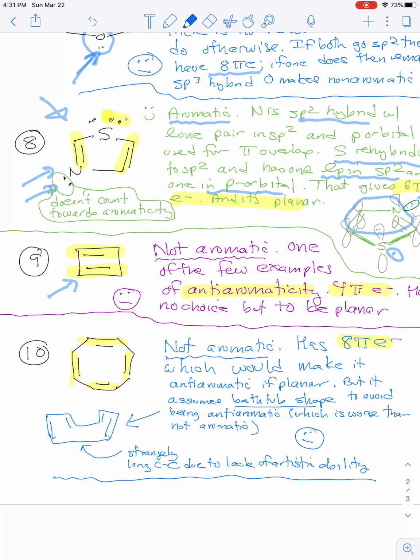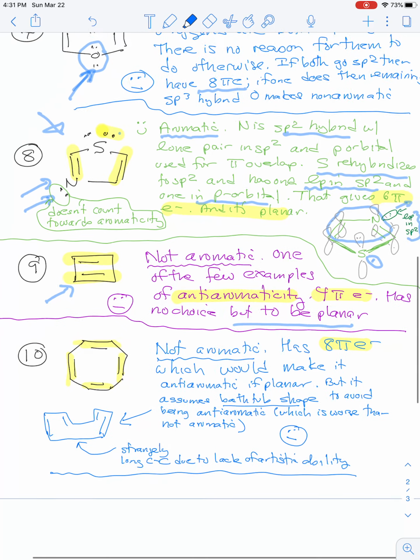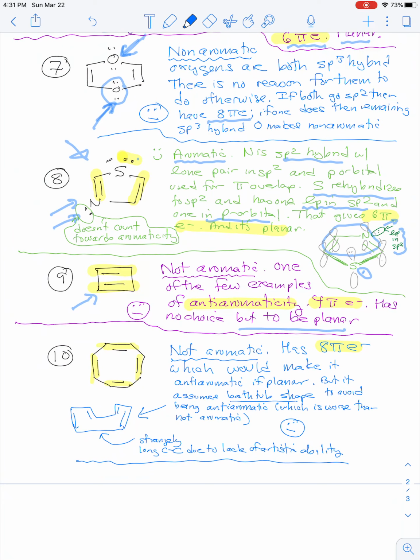But this one's pretty stuck. It's got to be planar. It really has no choice with that four-membered ring. It can't really bend or twist. It's got the 4 pi electrons, and so therefore it pretty much just has to suffer. And so this is going to be an example of anti-aromatic, and I should have made more of a frowny face than a neutral face.